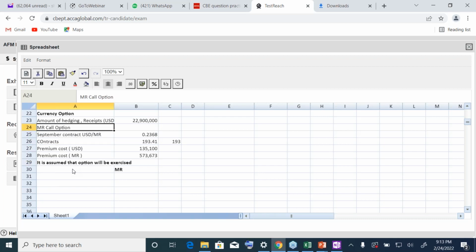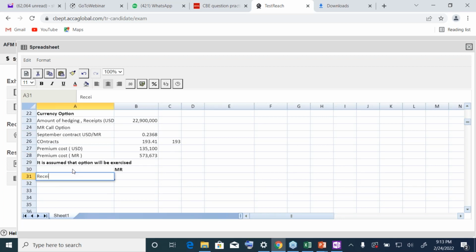We have entered into a contract to receive MR. Whenever you write this statement in the exam, quickly move to step number 2. What contract have you done? Sir, we have entered into a contract that we will receive MR. Call means receive. Okay.